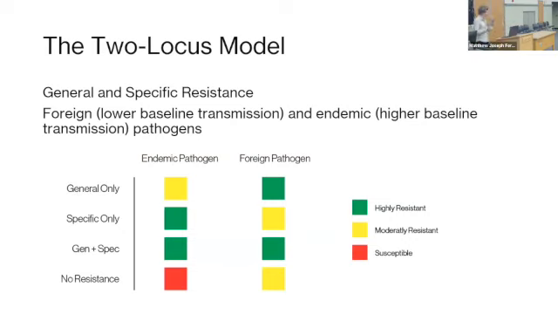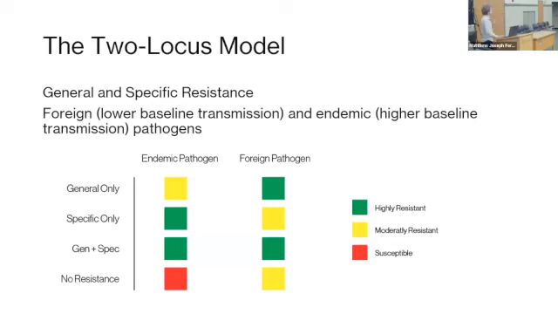So for general resistance, we assume that it provides an intermediate level of resistance against a broad range of pathogens. So for instance, in plants, this could be a mechanism such as thickening cell walls. And also we include specific resistance, which is effective against only a single type of pathogen. And so with this, we brought this into a deterministic SI model based on the dynamics of anther smut.